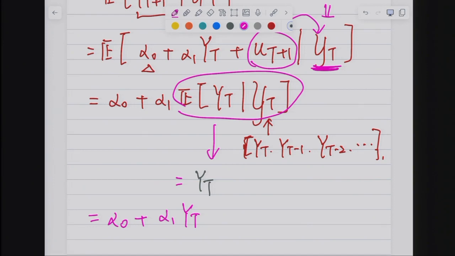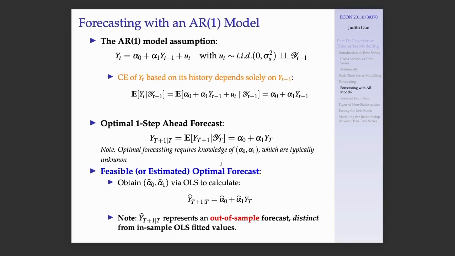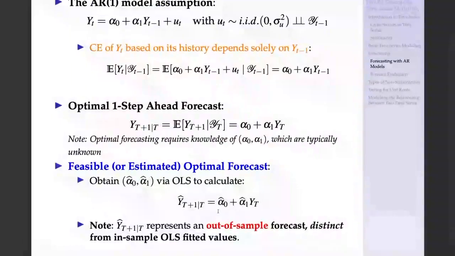Therefore, it's generally not possible to compute the optimal one-step ahead forecast, and instead, we will have to compute the so-called feasible or estimated optimal forecast. This is obtained by plugging in the OLS estimates for alpha naught and alpha 1, okay? So basically, you just replace alpha naught and alpha 1 by the sample estimates.